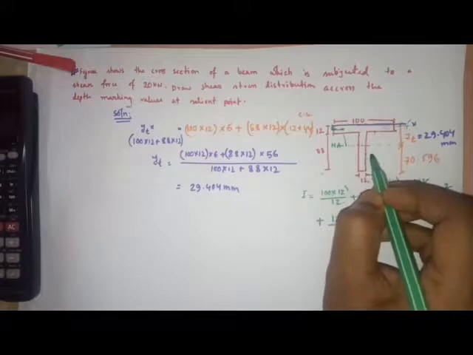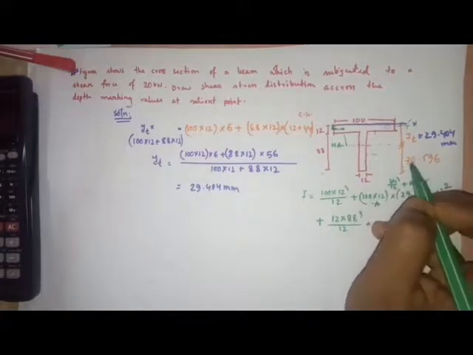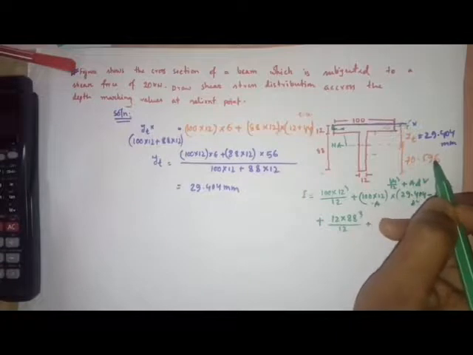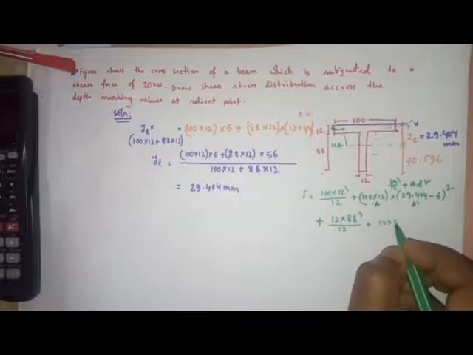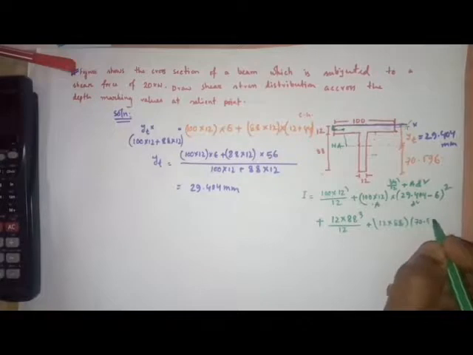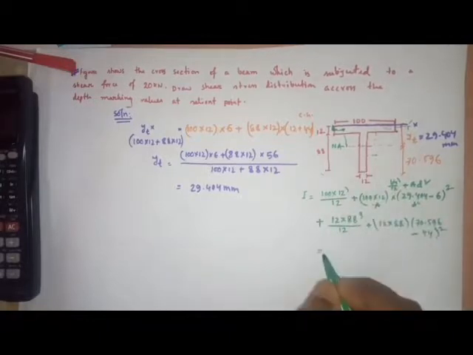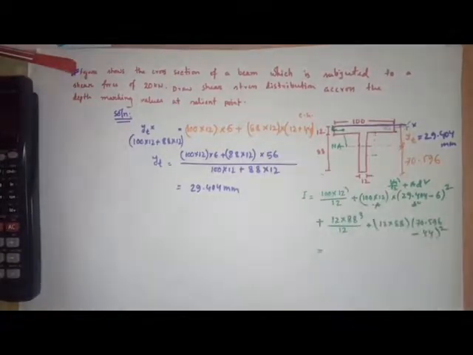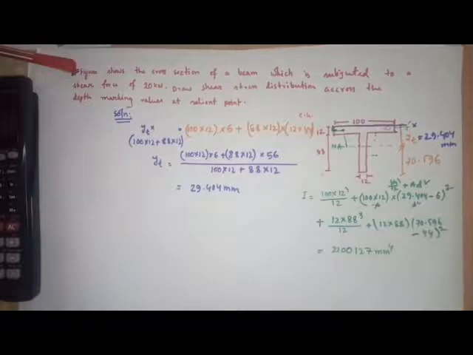Its centroid is 44, so you have to subtract 44 from 70.596. A is 12 into 88, and you deduct 70.596 minus 44, which is the distance of the centroid, squared. So what will be the value? The value is 2,100,127 millimeter to the power 4.